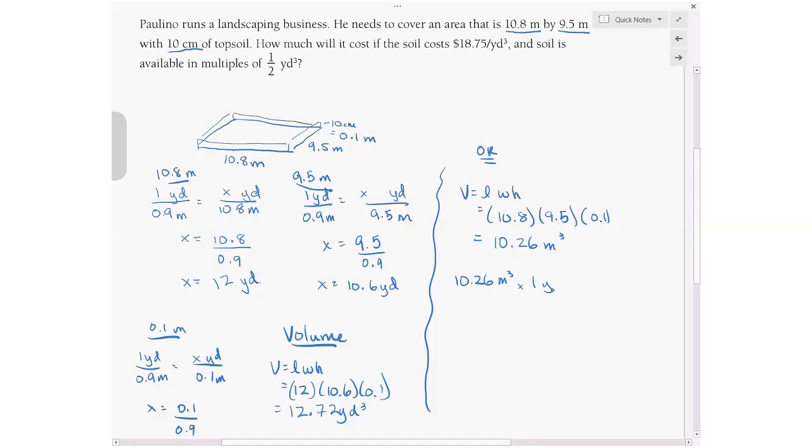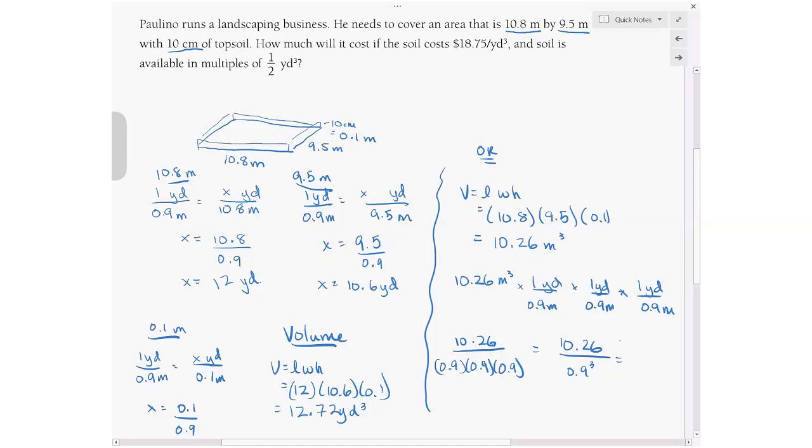So 10.26 meters cubed, well, 1 yard is 0.9 meters. I've got to get rid of 3 meters. So I've got 3 meters here, and I've got to get 3 meters on the bottom. So 10.26 divided by 0.9 times 0.9 times 0.9, because these are all on the bottom, so it's actually 10.26 divided by 0.9 cubed.